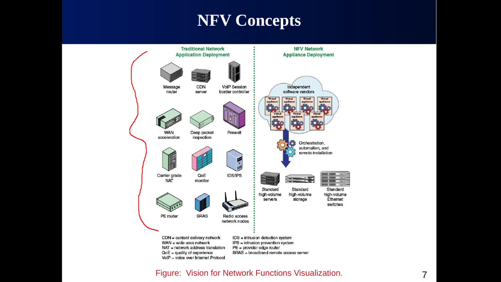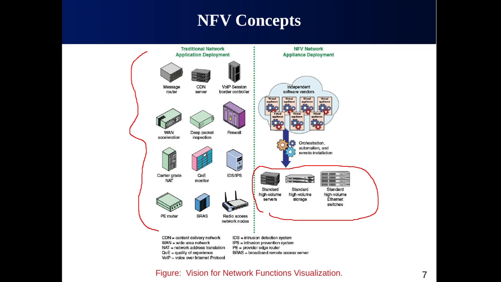With NFV, network elements are independent applications, with programmability, and they are deployed on a unified platform. As you can see, we have a unified platform here. By using this setup, software and hardware are decoupled, and the capacity of each application is increased or decreased by adding or reducing resources, because the resources now are virtual.